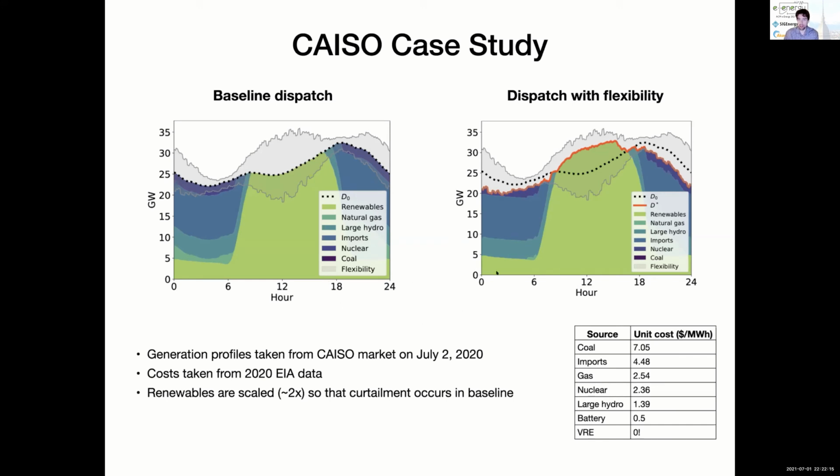All right, so on the right-hand side, this is what happens when we do the dispatch of the demand flexibility. The red curve is the aggregate demand when we allow the loads to be flexible. In the middle of the day, when there's an excess of renewable, we're able to increase demand to take advantage of that.